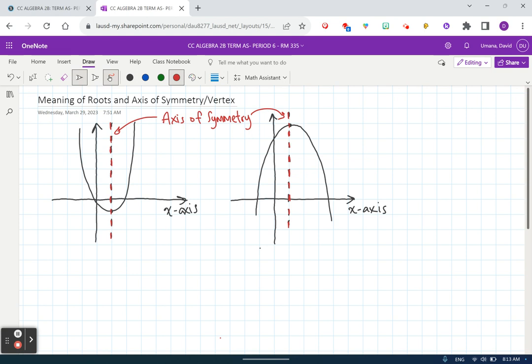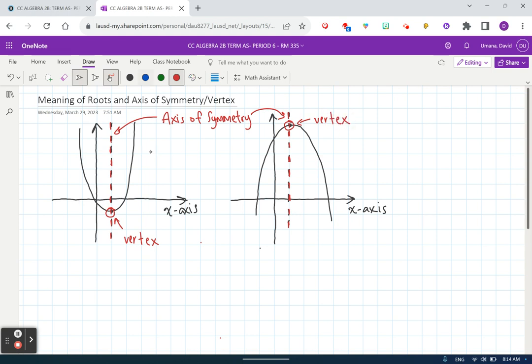The interesting thing about the axis of symmetry is that it allows me to discover either how low the curve is going to go or how high it's going to go. Each of these points, whether it's the lowest point or the highest point, are both referred to as the vertex. So in here, the lowest point would be the vertex, and in here, the highest point would be the vertex.